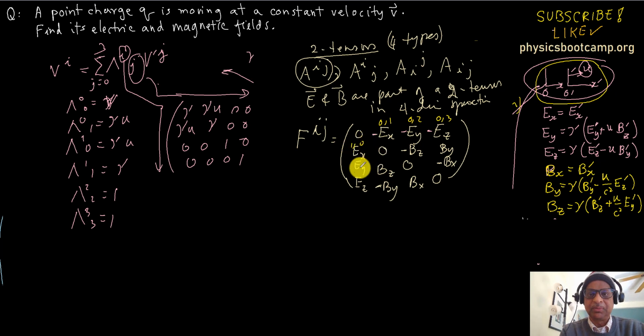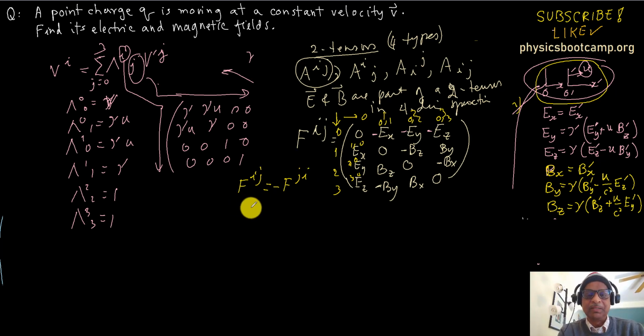This is the 1 0 component, 2 0, 3 0, and this is if you go row 0 1 2 3, and if you go column 0 1 2 3. So basically you have Fij equals minus Fji. That means the diagonals are 0, and this is antisymmetric.